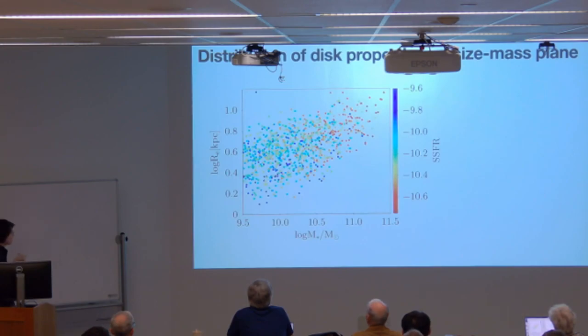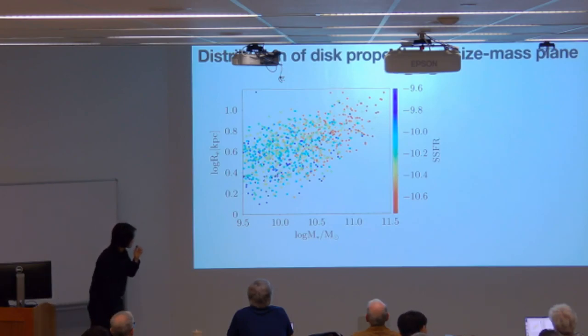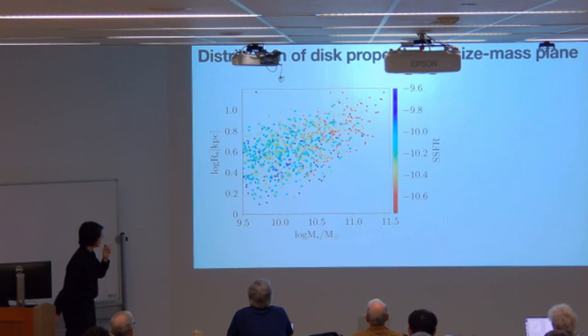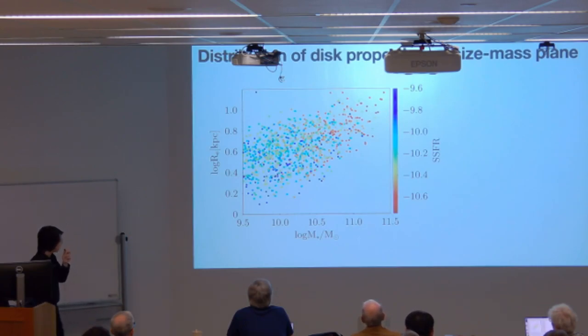Another thing we care about is the specific star formation rate and the star formation history of these galaxies. Here I show the distribution of specific star formation rate on the size versus mass plane. An interesting thing is that it is kind of a mass-dominated distribution: we cannot see much dependence of specific star formation rate on galaxy size.